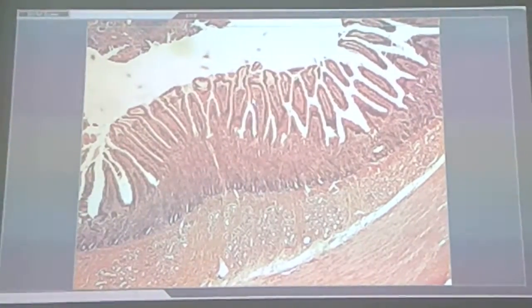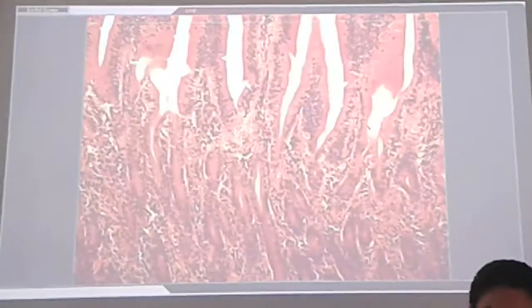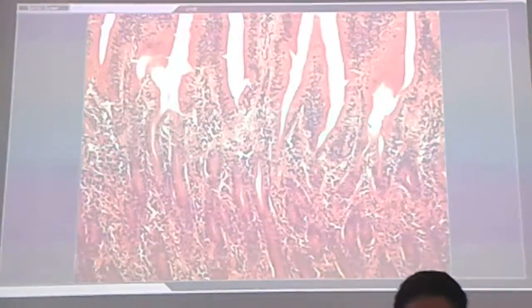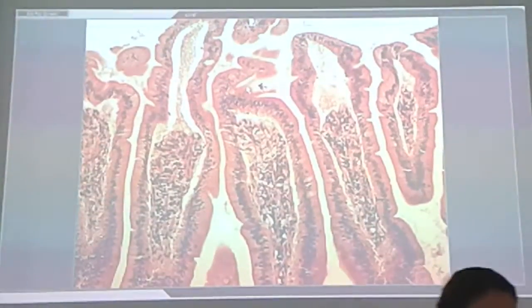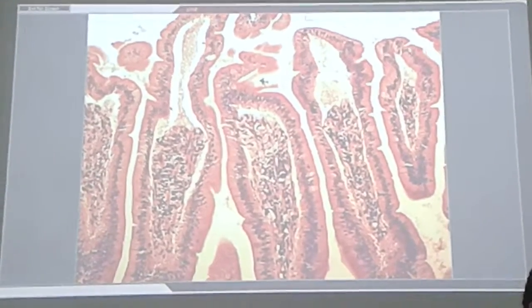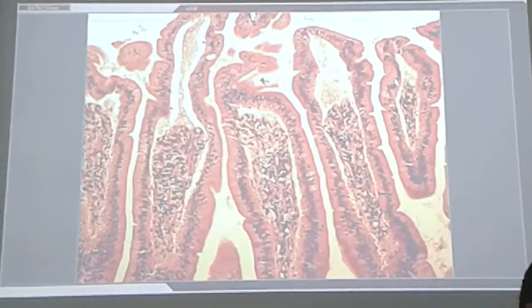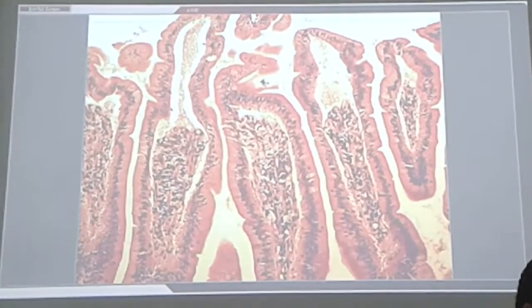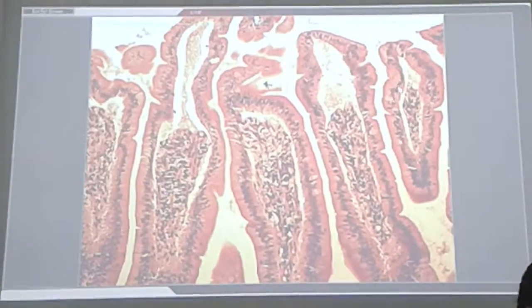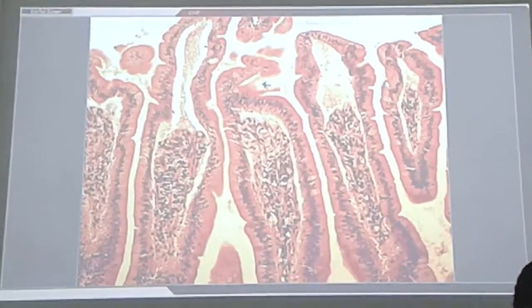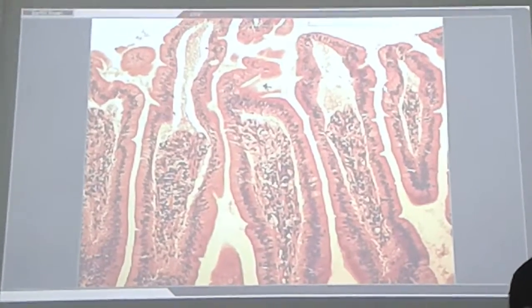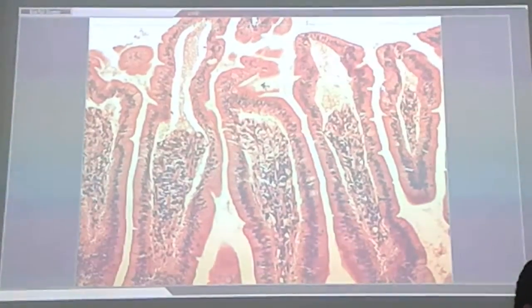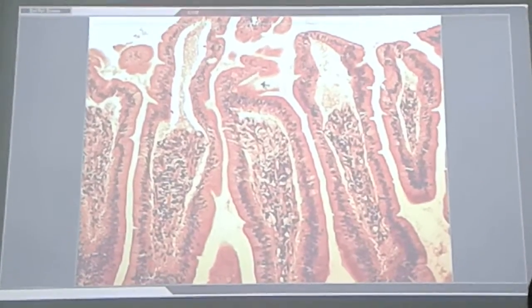When I look at the villi in depth, I'll magnify my image. See, this is the villus, or villi. This is another villus. The villi are lined by columnar epithelium. See, this is the columnar epithelium's nucleus, another columnar epithelium nucleus. On the apical side of this columnar epithelium there are microvilli to enlarge the absorption area.